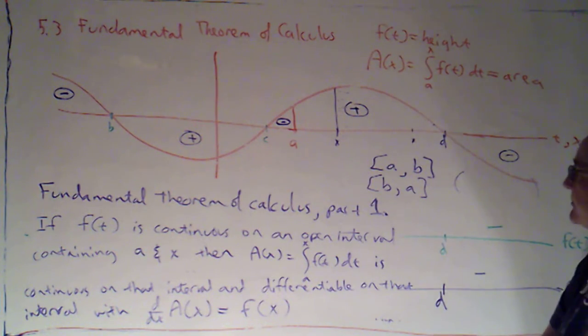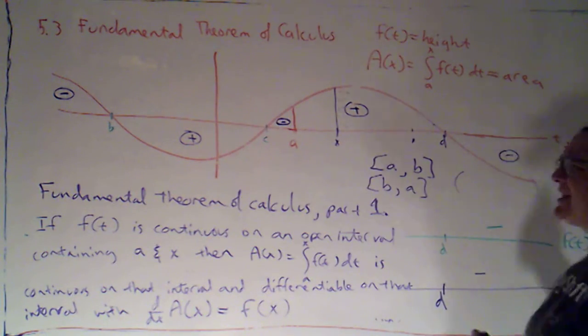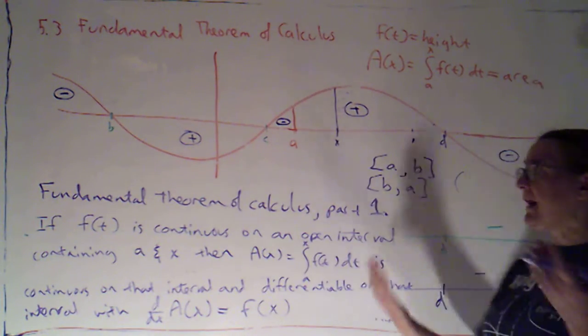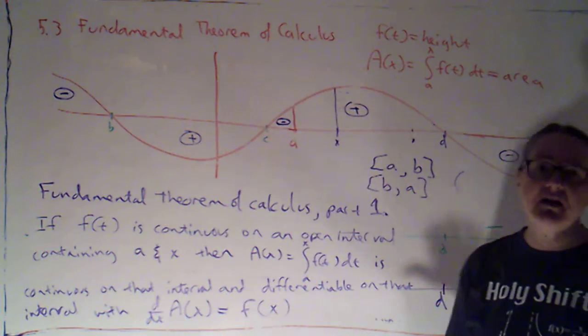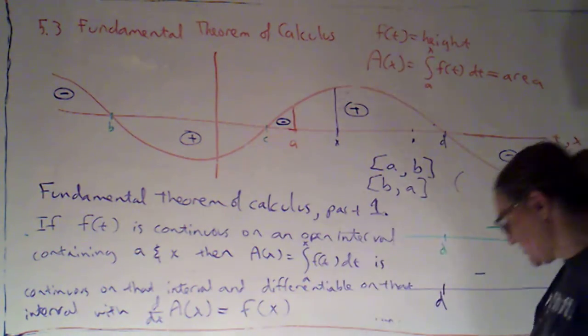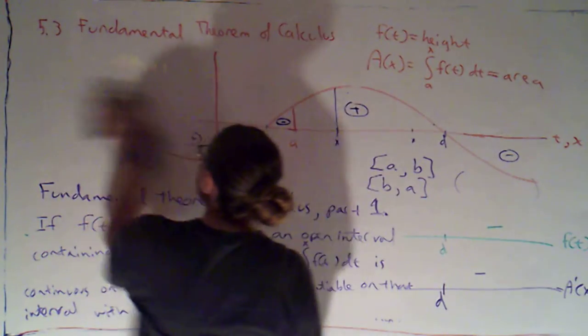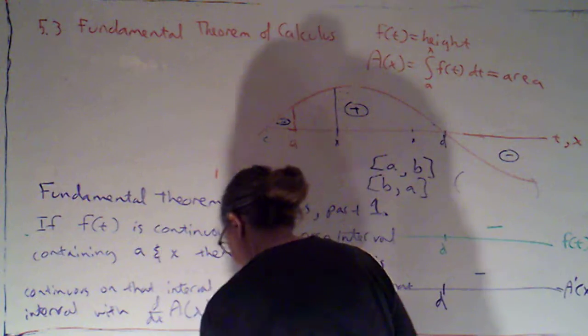But pretty much, if I'm dealing with a height function like f of t here that was continuous everywhere, the area function is going to be continuous and differentiable everywhere, and I've got this really powerful relationship between the derivative of area and the height function.